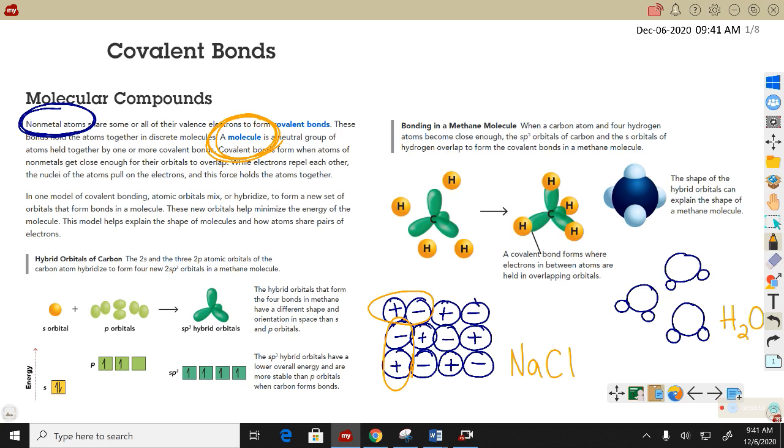In a second year chem course, we go a lot more in depth with how these orbitals mix to make special bonding orbitals. But for now, all I want you to understand is just that the orbitals overlap. And so carbon's got his orbitals, and there's the p orbitals and s orbitals, and hydrogen just has an s. It's just the 1s1 orbital, right?